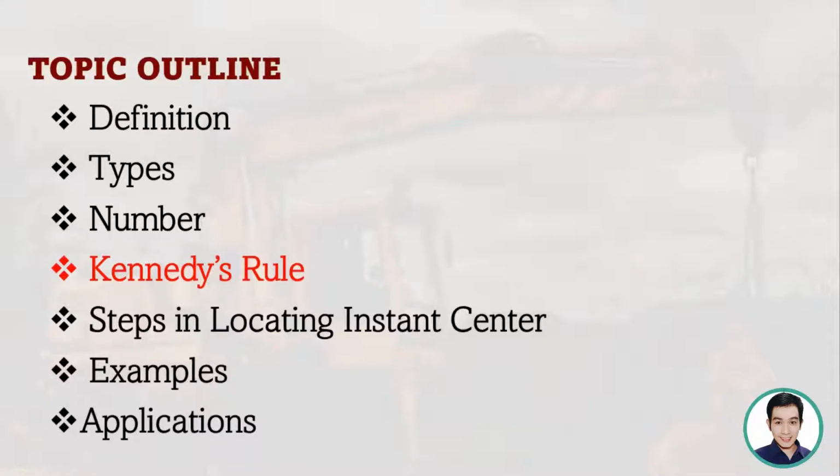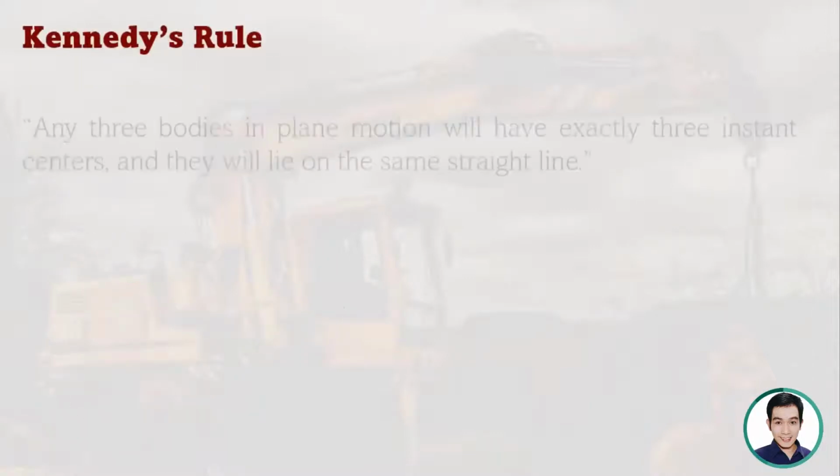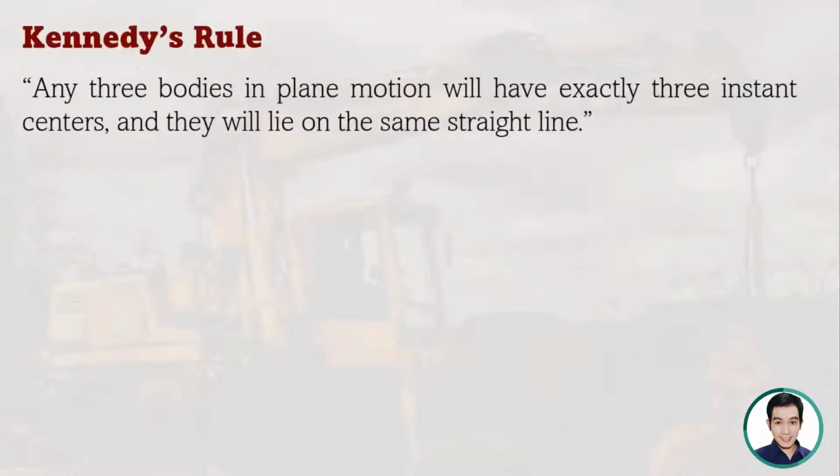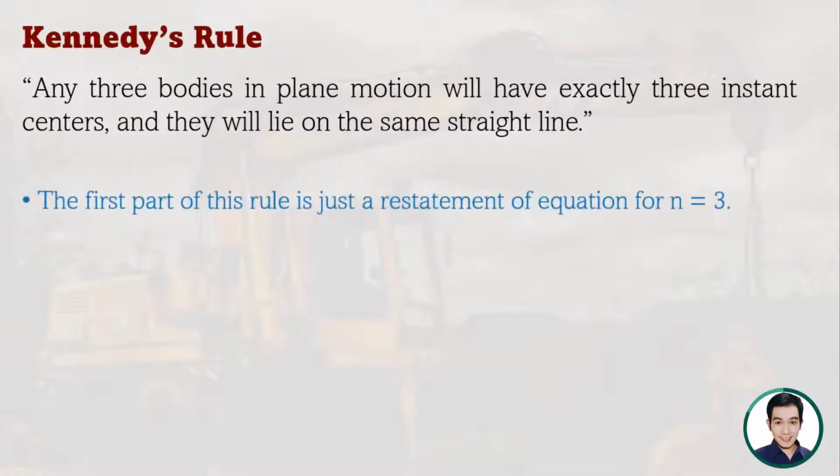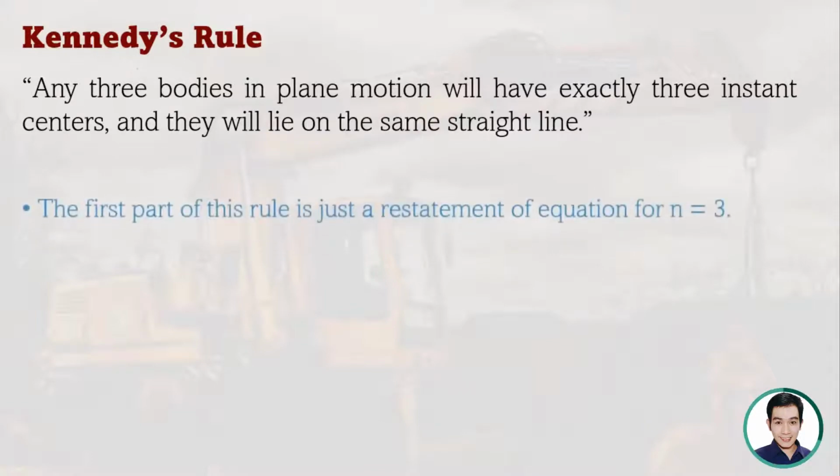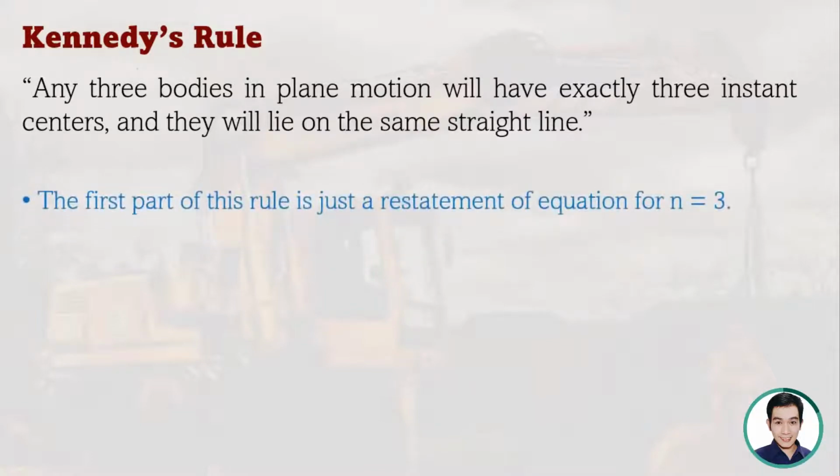Another important concept that will help us in locating the instant center is Kennedy's rule. According to the rule, any 3 bodies in plane motion will have exactly 3 instant centers, and they will lie on the same straight line. What it's saying is, say for example, you have 3 links.